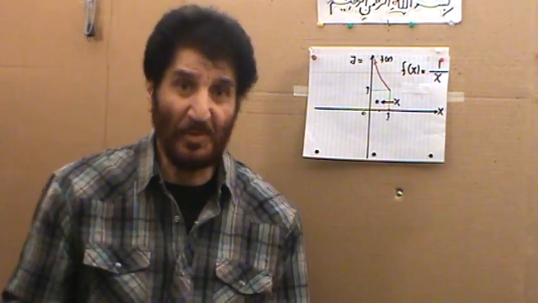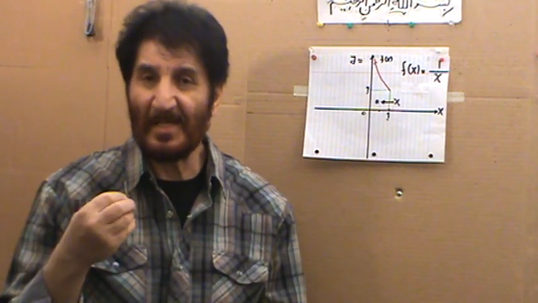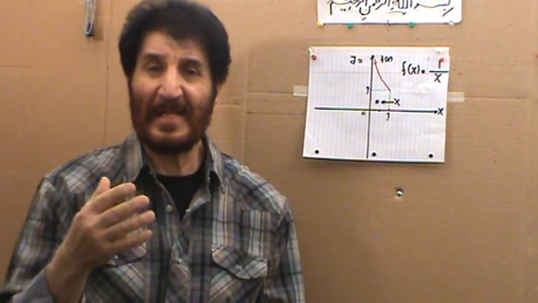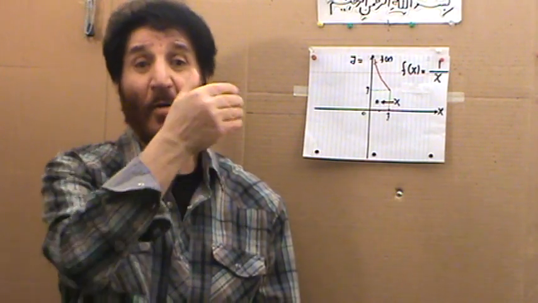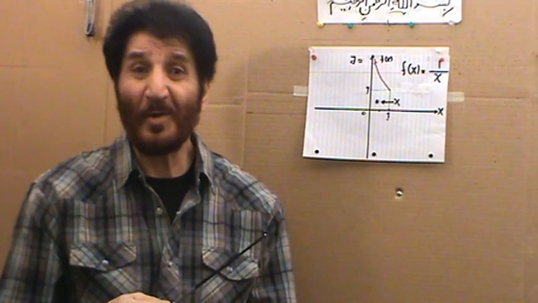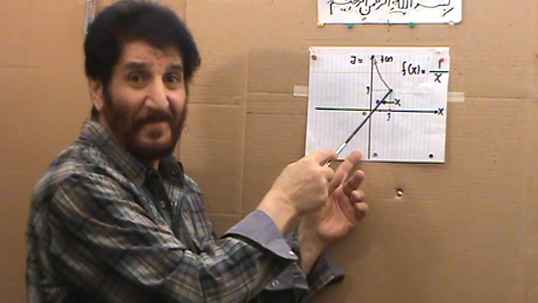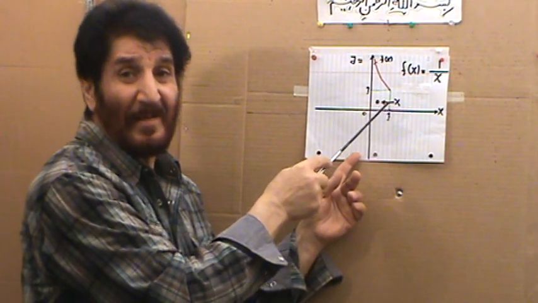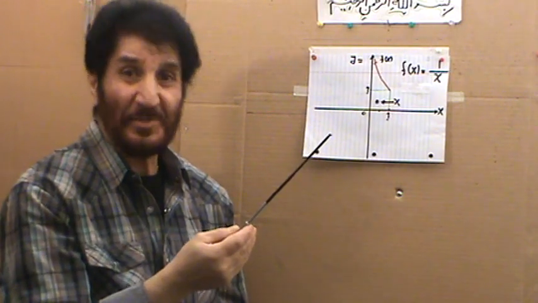So you can see for yourself in your mind, without writing a chart or something, as x gets closer and closer to 0, y goes up and up further. And when x is 1, the value of the function is 1, as I have put here. So this will be the graph of the function 1 over x as x approaches 0.